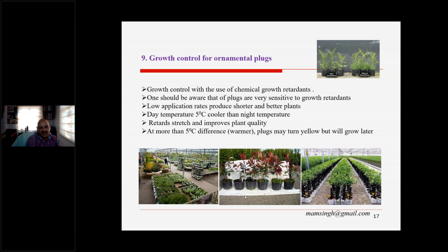Some plants are day neutral, some plants are short day plants, some plants are long day plants. Short day plants need long days for growth and short days for flowering.